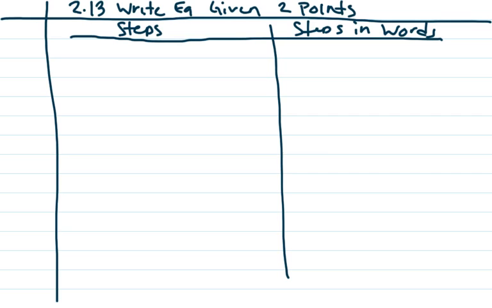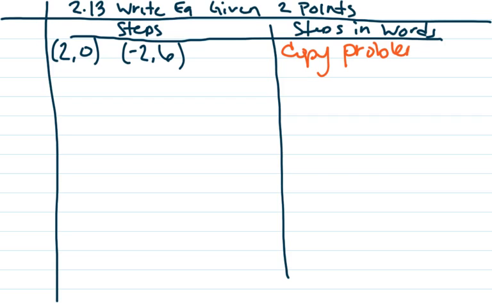Alright, so our problem is (2, 0) and (-2, 6). We're, of course, going to copy the problem. And then we are going to find slope.